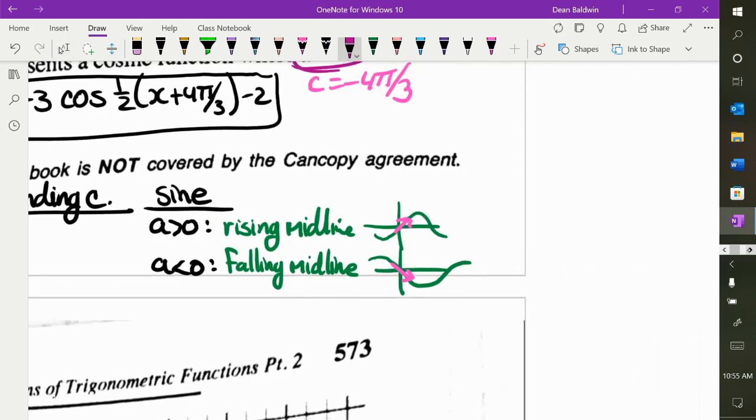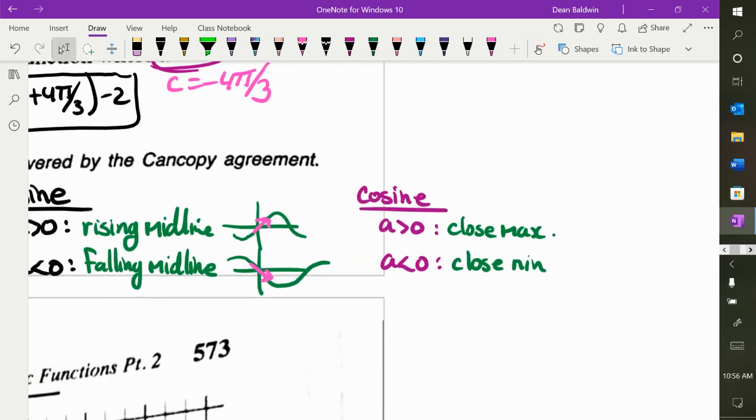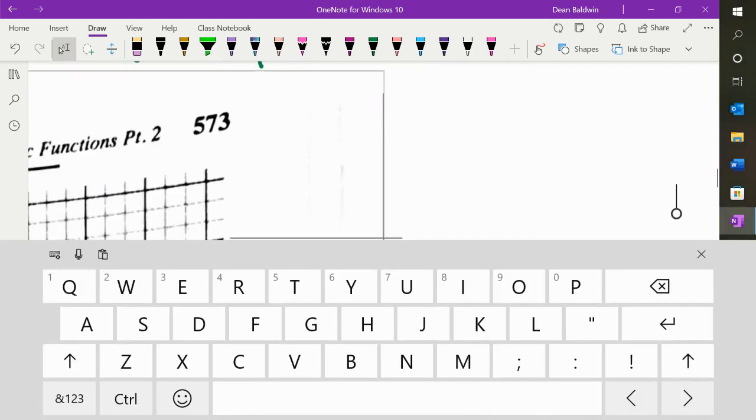And if you're doing cosine, A is positive, A is negative. What are you doing if A is positive for cosine? Yeah, max. It's the closest max. And if it's less than 0, it's the closest min. So you always want the minimum distance.